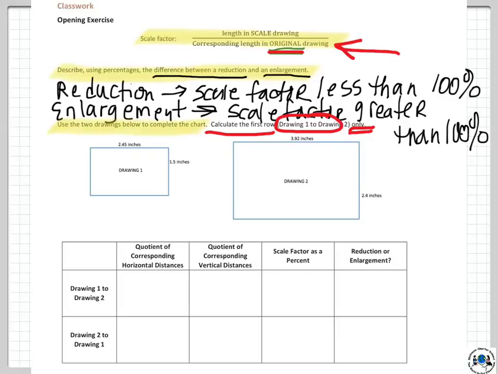Here we go. Our first task here, therefore, is to use the two drawings below, drawing 1 and drawing 2, to complete the chart. Calculate the first row, drawing 1 to drawing 2 only. So that's this row right here.